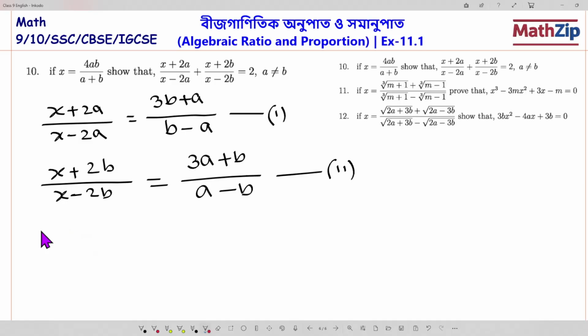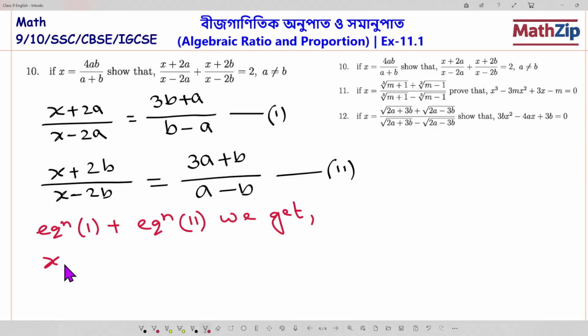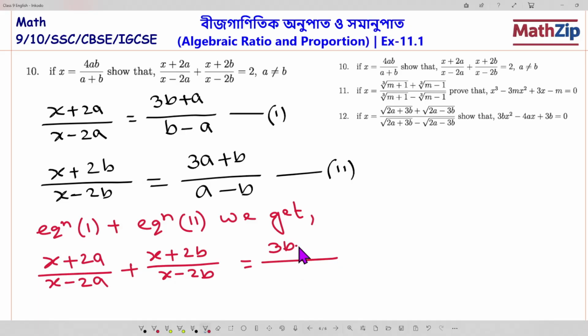Now we can write equation 1 plus equation 2, we get: x plus 2a divided by x minus 2a plus x plus 2b divided by x minus 2b equals, here is 3b plus a divided by b minus a, and plus 3a plus b divided by a minus b.